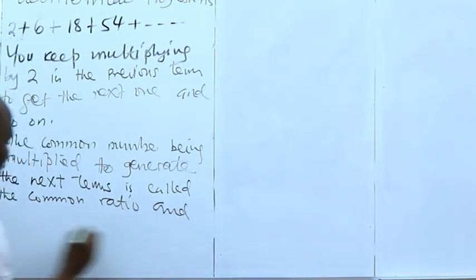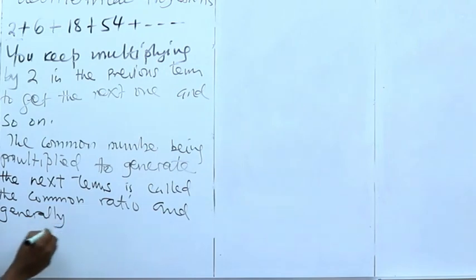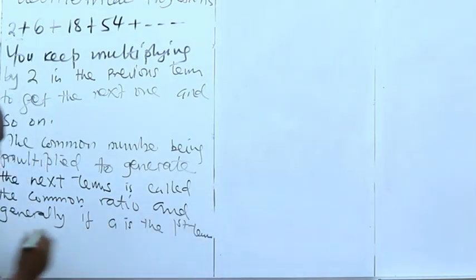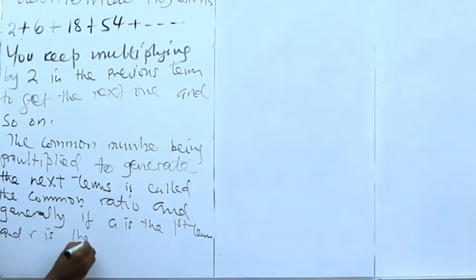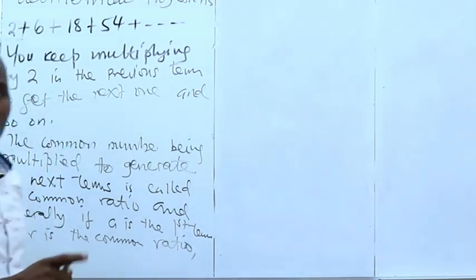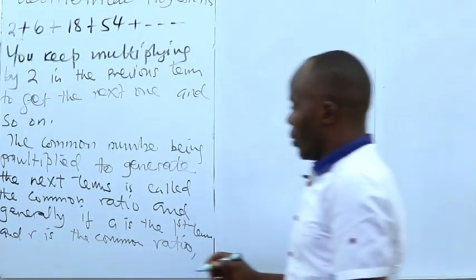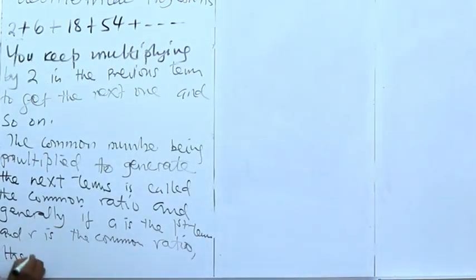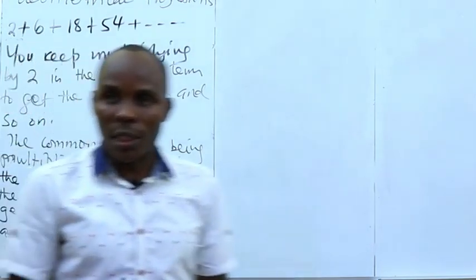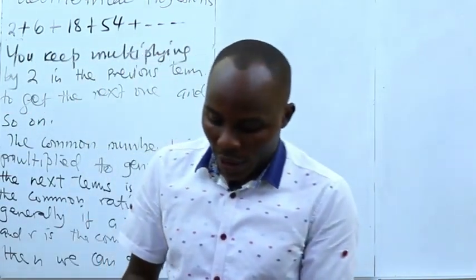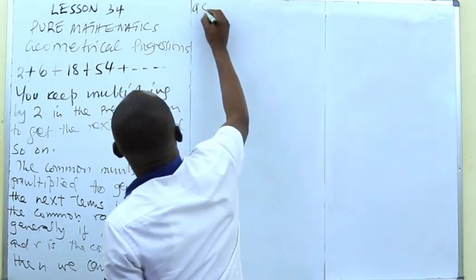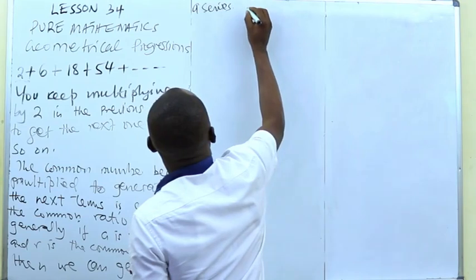And generally, if A is the first term and R is the common ratio, then we can generate a series as below.